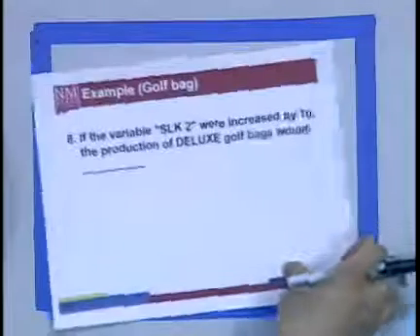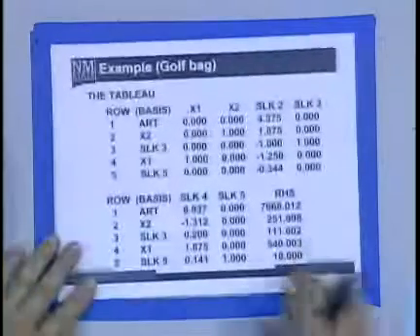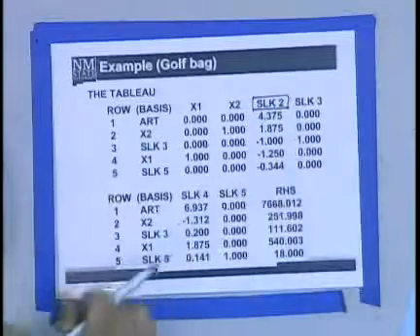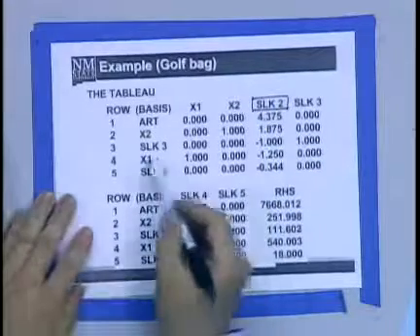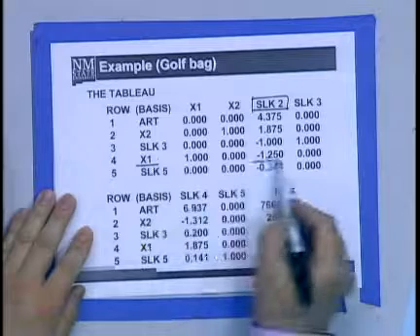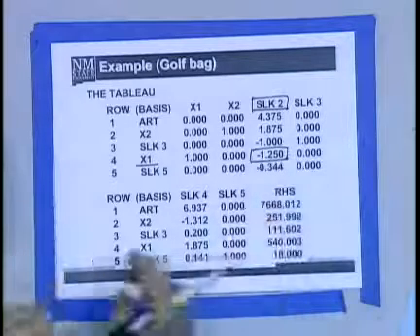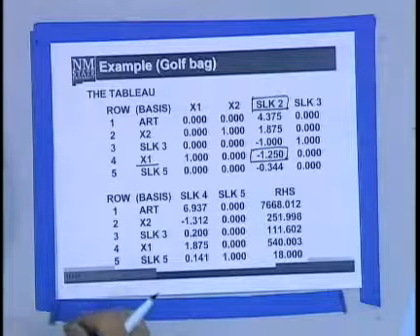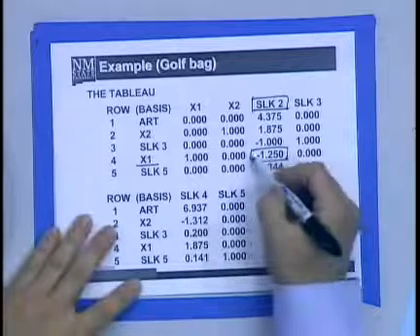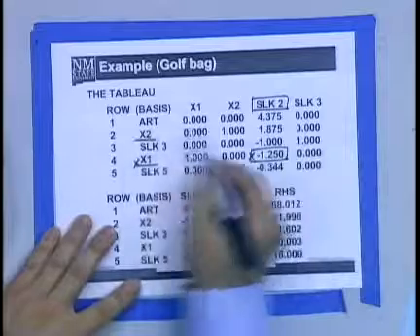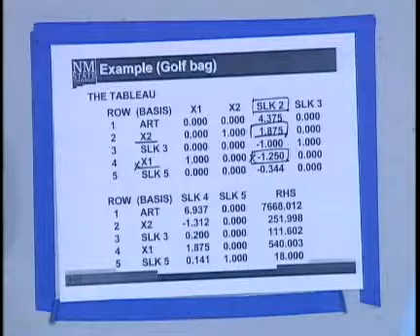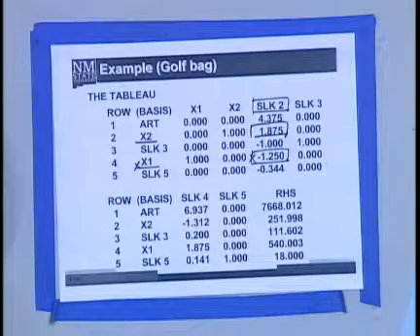So again, we need to look at the substitution rate of slack 2 for standard golf bag, which is x1, right? No, we need to look at deluxe golf bag, right? Sorry. So we need to look at x2, which is 1.875, right?